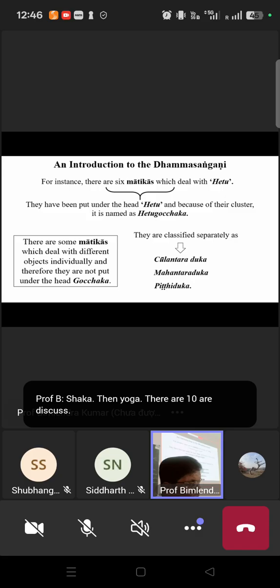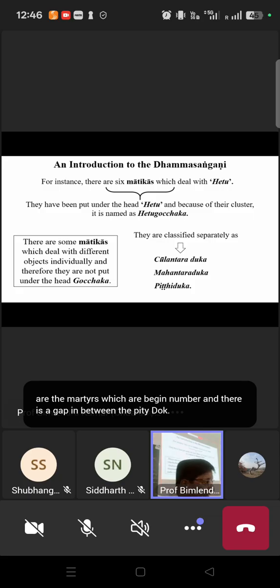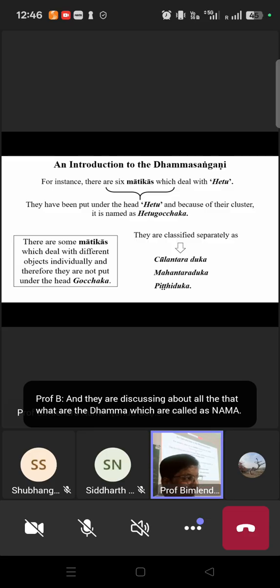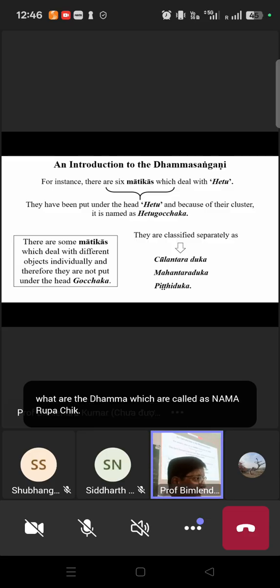And before the Upadana, there is a Mahantara Dukha, in which there are Matikas which are big in number, and there is a gap in between the Pitthi Dukha and the Kilesa Gochaka. So they have been discussed in the Mahantara Dukha. They discuss what the dhammas are, which are called Nama, Rupa, Chitta, Chetasikas. Like that they have been discussed in Mahantara Dukha.